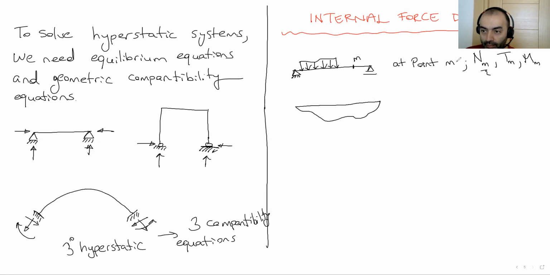So here, this is the point M. So far, I have just calculated these forces, T_M and M_M. If I do this calculation for each point, I get this curve, as you can see. So this is the internal force diagram.